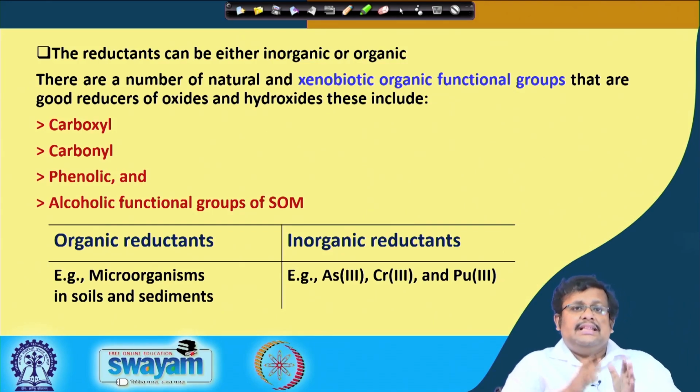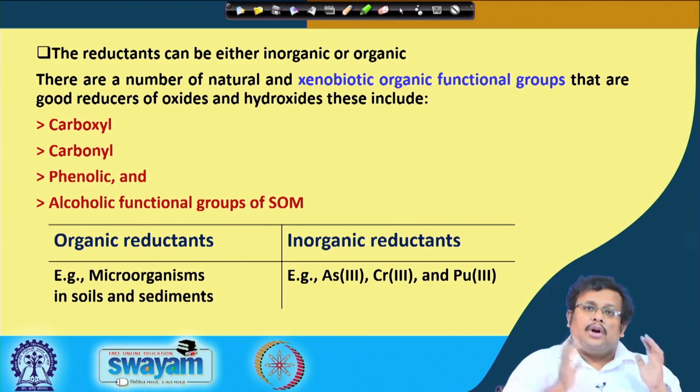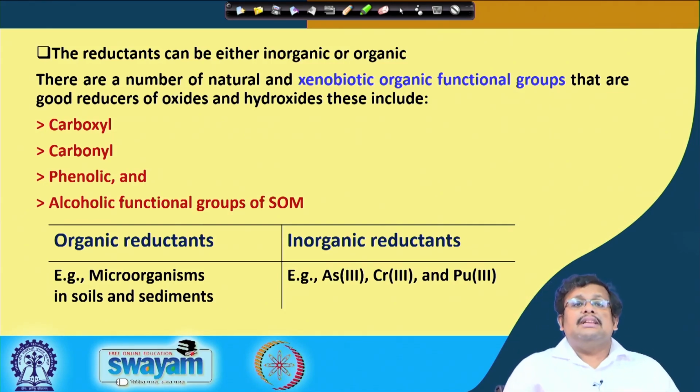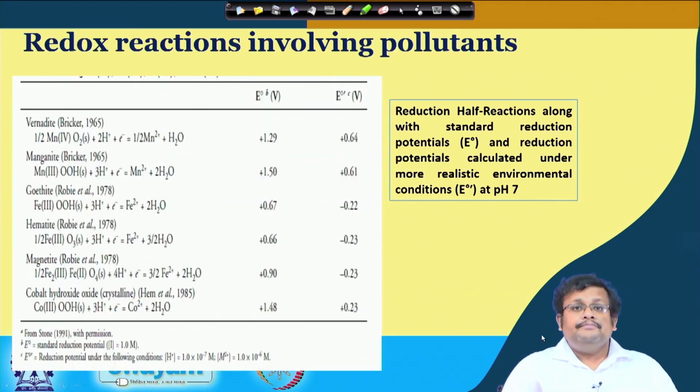So, there are two types of reductant, organic and inorganic. For example, microorganisms in the soils and sediments are one example of organic reductants. As far as the inorganic reductants are concerned, you will see arsenide, then chromium 3+ and then plutonium 3+.